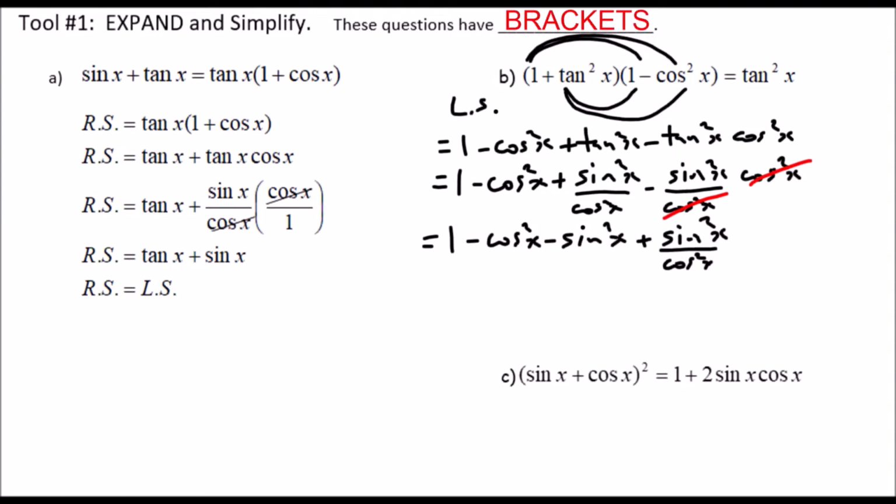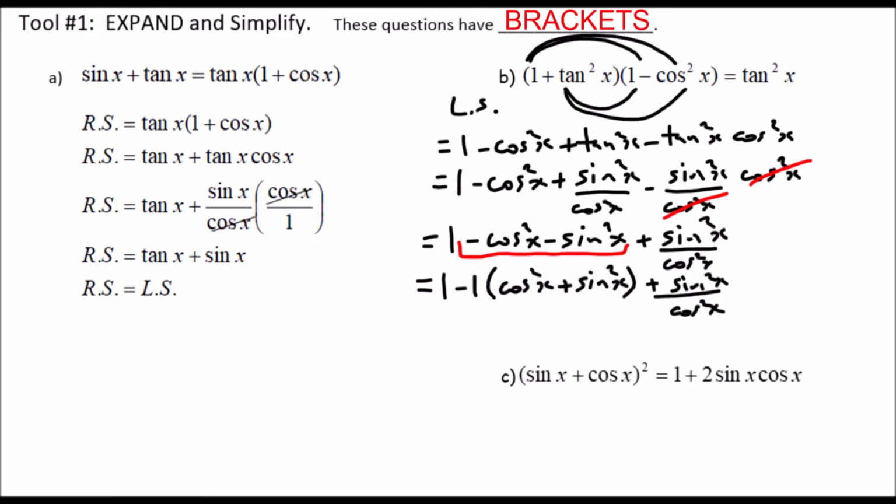No, because out of these two terms, I can factor out a -1, because I can see an identity here, right? Sine squared plus cos squared is equal to 1, so I'm going to use that. So what I'm going to have here equals 1 minus 1, and I'm going to factor out that -1 into both of these, so here I got cos squared x plus sine squared x, and then plus sine squared x all over cos squared x.